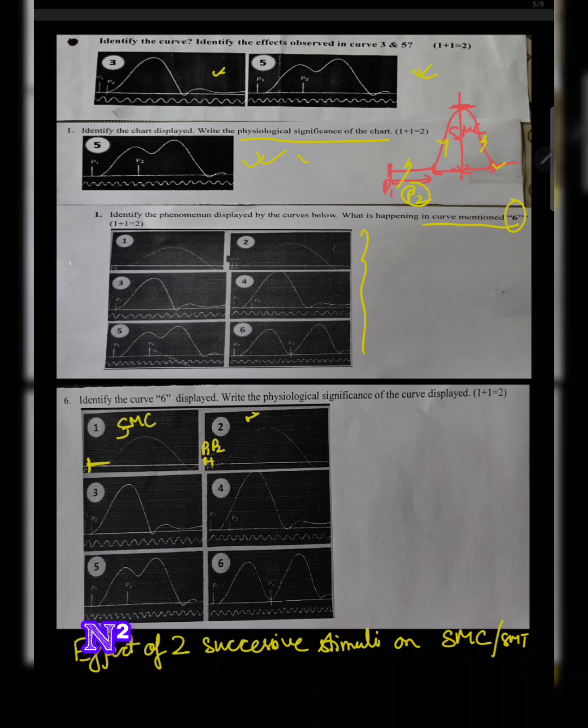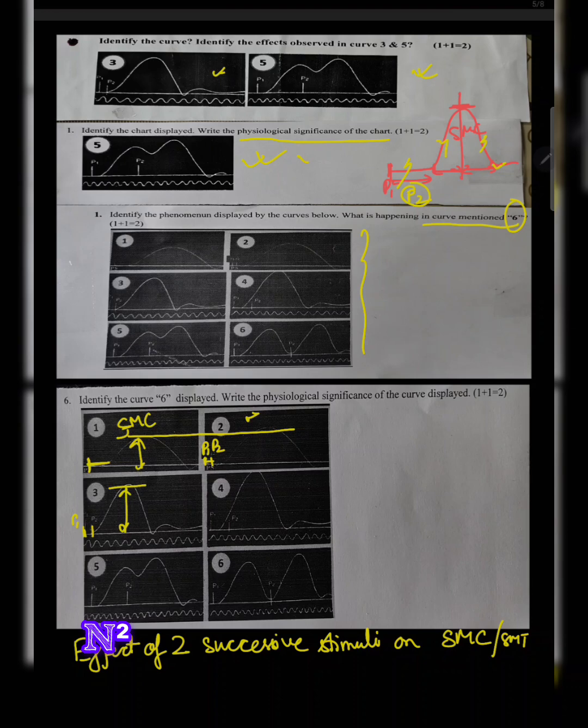That means the two shocks are coming very close, so the time between the first and the second is very short, and here the amplitude is almost equal. But on the other hand, if P2 is falling a little bit farther away from P1, you get the amplitude a little bit higher than the first curve.